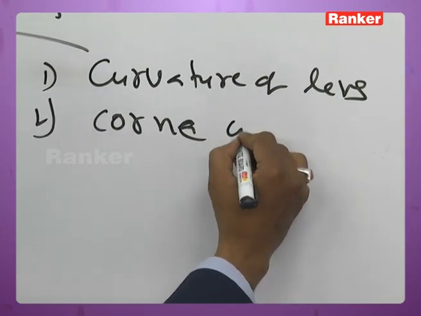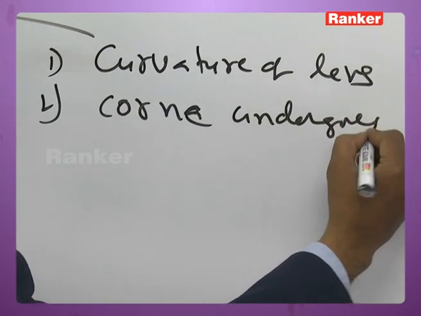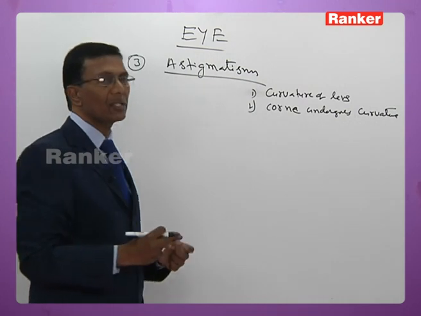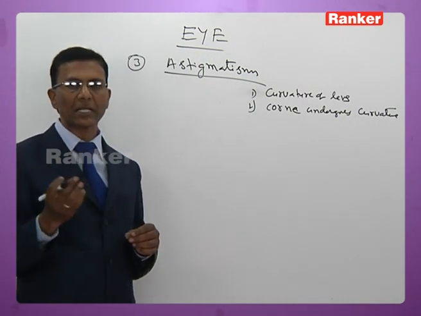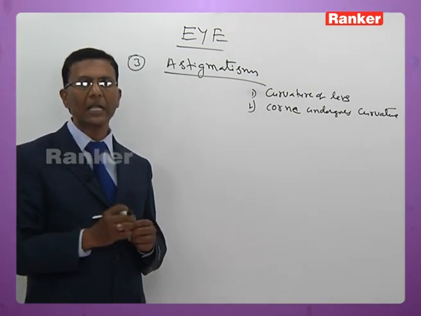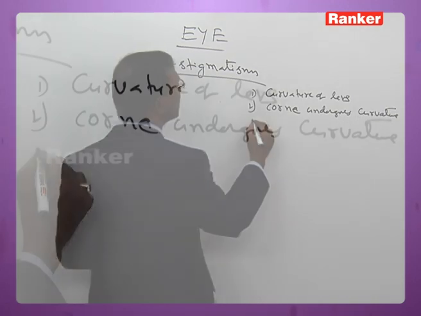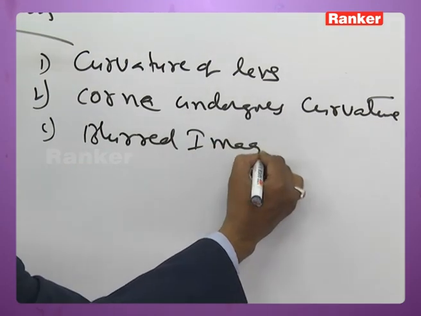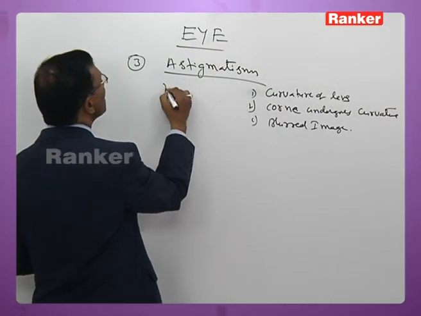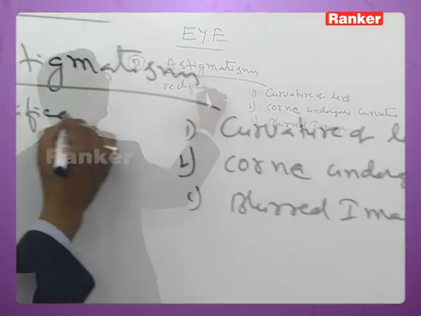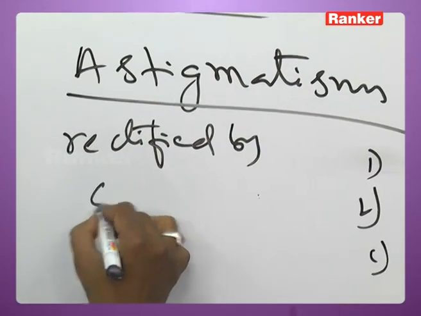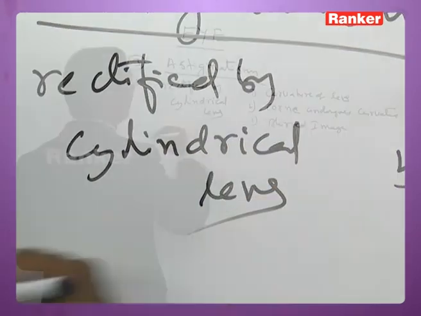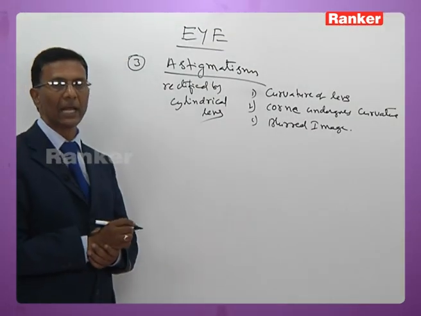As a result, the image is not clear, it is blurred. So a blurred image is formed, and this is rectified by using a cylindrical lens.